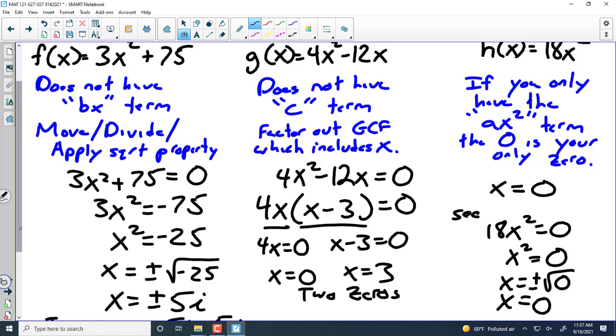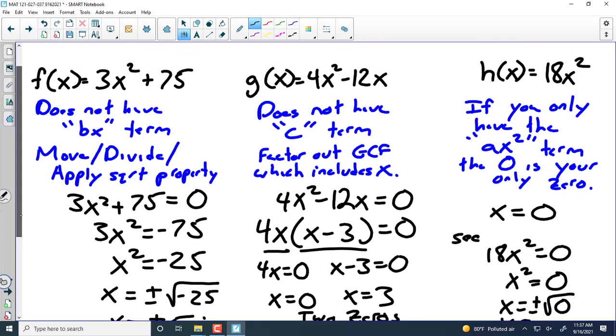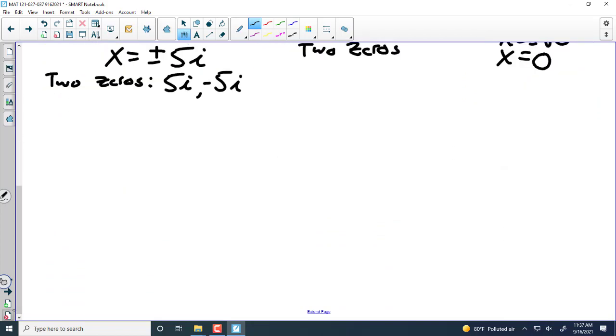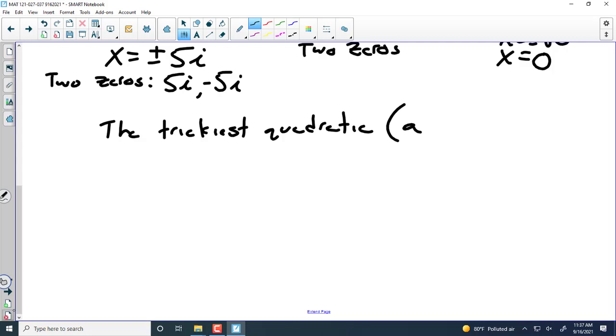So what did I not include? I didn't include the one that has all three terms, because that's the trickiest one. The trickiest quadratic, and remember what a quadratic is, it's something that looks like this.